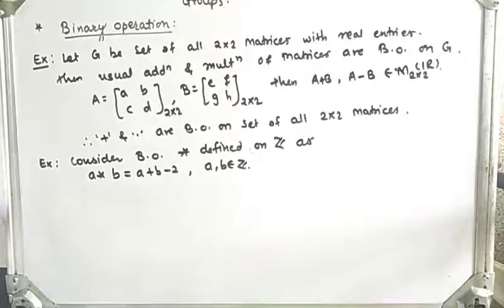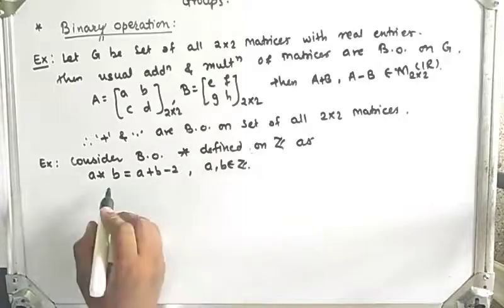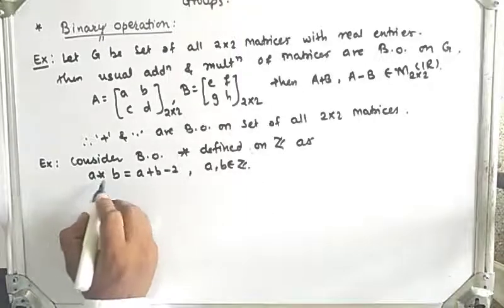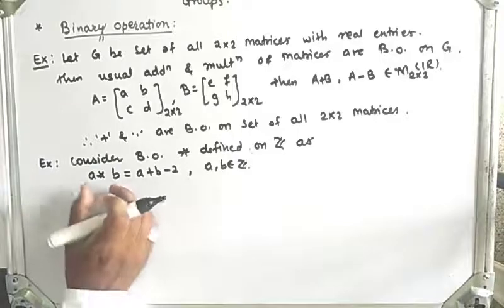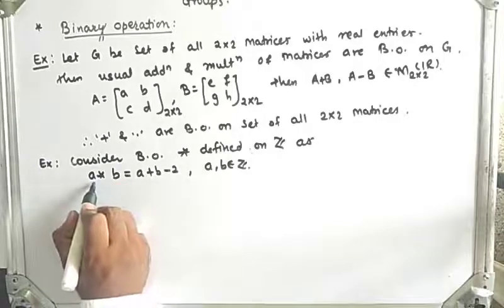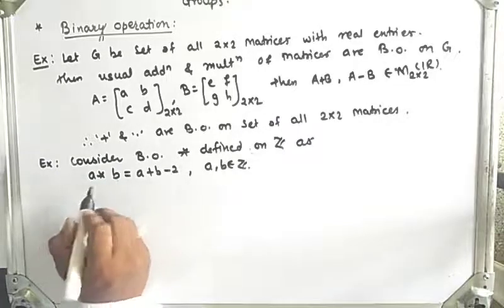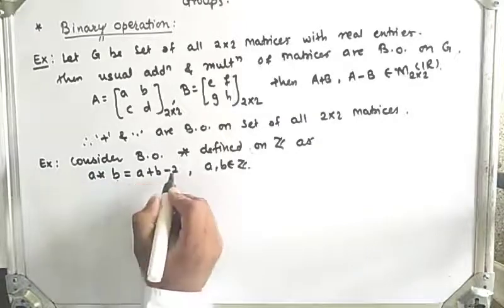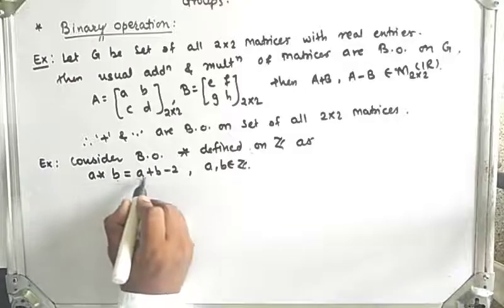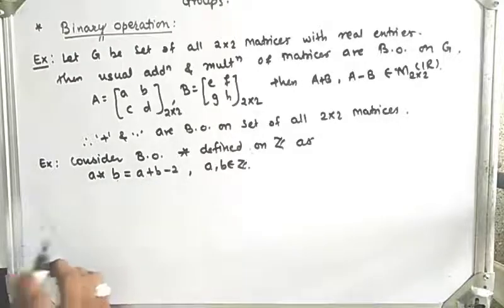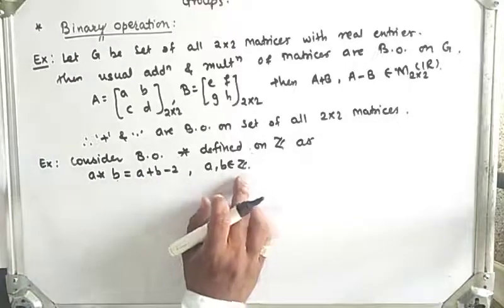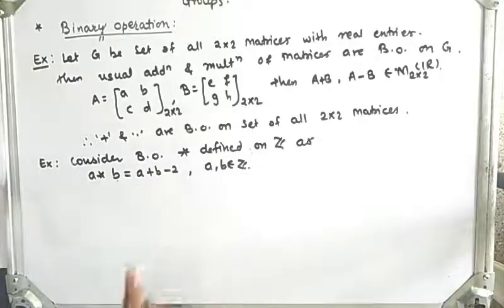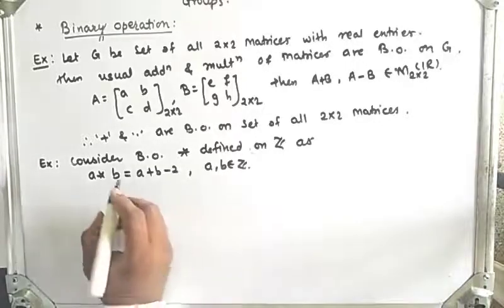Here A, B belong to the set of integers, and we are given two elements, the first element and the second element. A star B is defined by A plus B minus 2. So if A, B belong to the set of integers, then their addition minus 2 again belongs to the set of integers. So this defined operation is a binary operation.